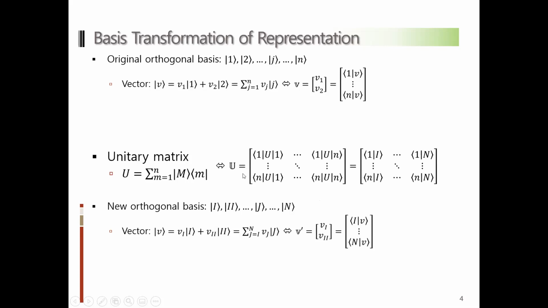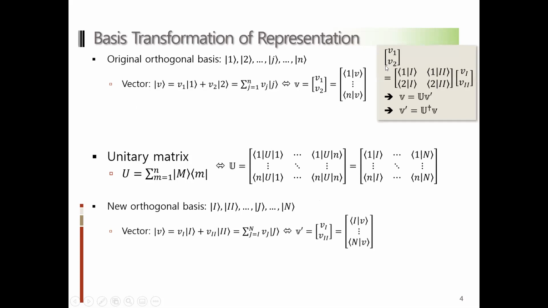So these two different column vector representations in the different bases are connected through this unitary matrix, and the relation can be summarized in this way.